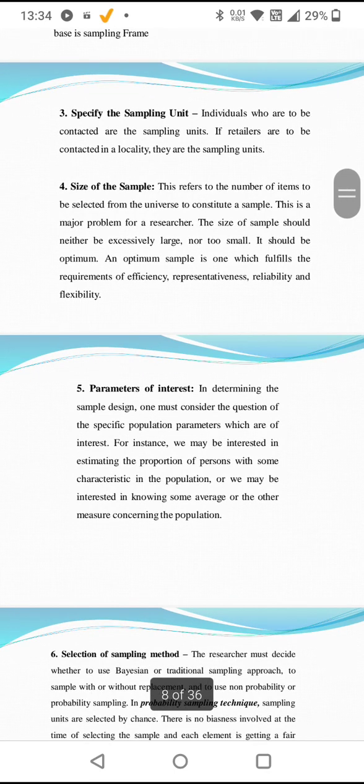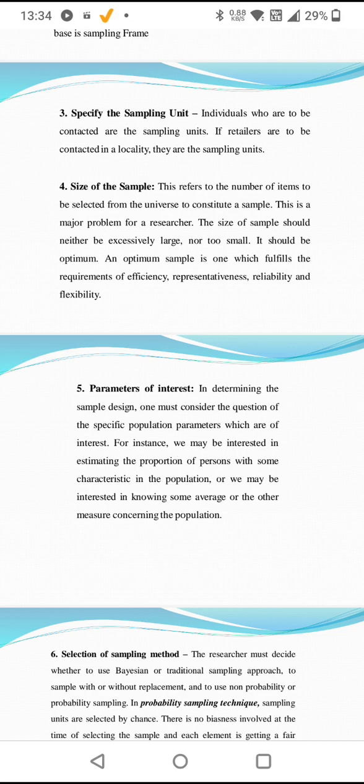So this was about the sample size, and next is the parameters of interest. In determining the sample design, one must consider the question of the specific population parameters which are of interest.